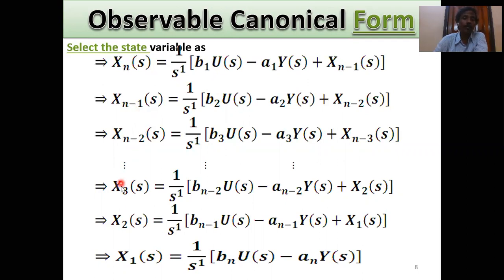Xn minus 1(s), and so on up to X1(s). Then multiply both sides by s. Then we get this into s, this into s, this into s, this into s, s into X2(s), s into X1(s), multiplying both sides by s.